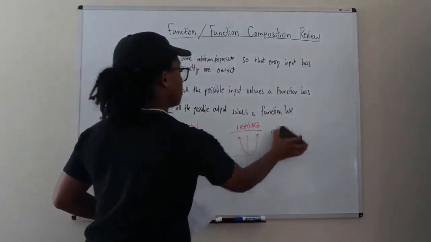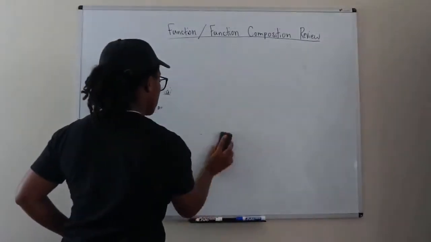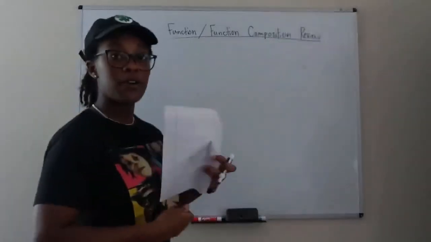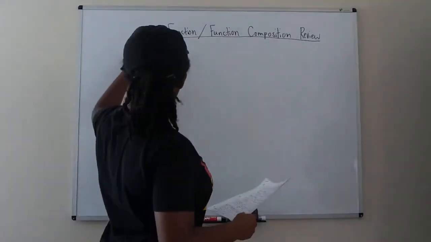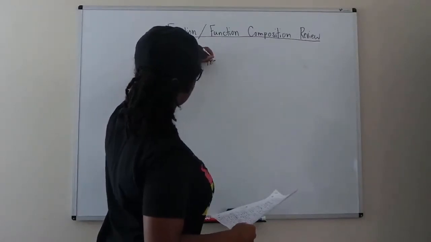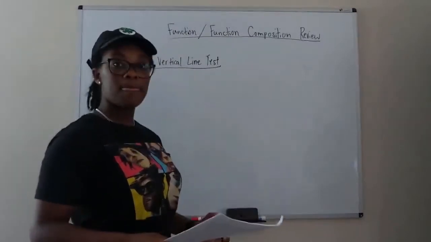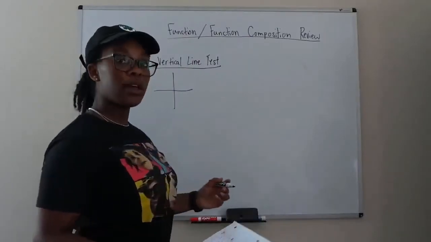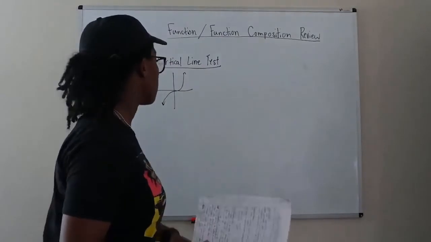Okie dokie. So now we're going to move on to just some ways that you can tell if a function is a function or not. So one of the ways you can tell if a function or relation or expression is an actual function is by the vertical line test. It's a good way to check, because the way the vertical line test works is, let's say I have a cube root function or something.